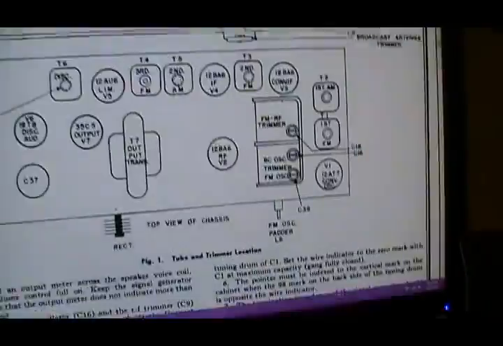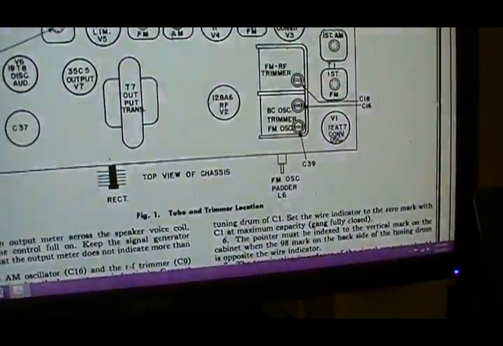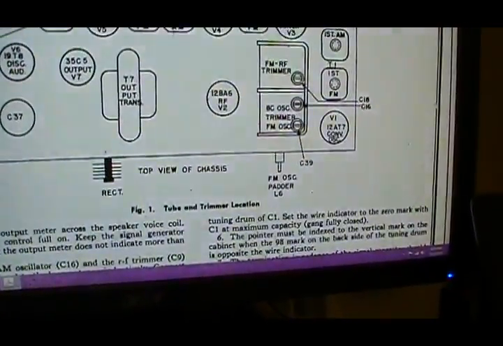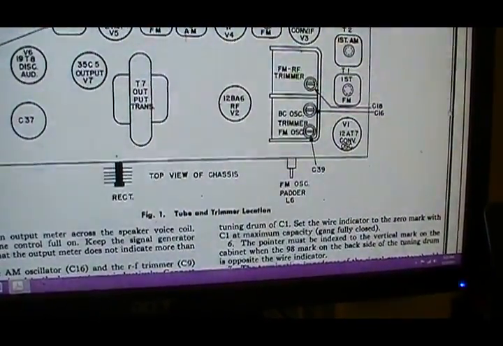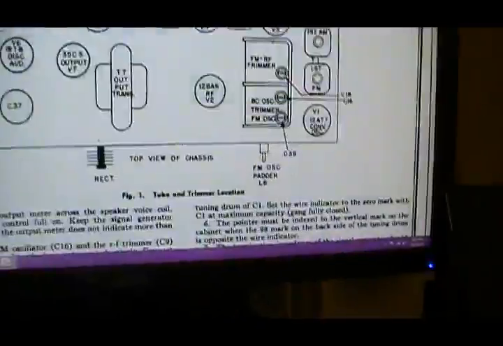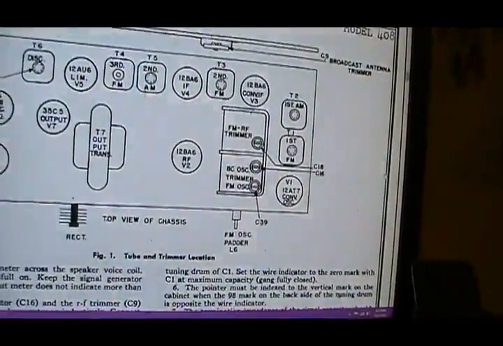Some radios, I've got a Philco 49909, and you can look that radio up in Nostalgia Air on their website and get the schematic for it and get the instructions.